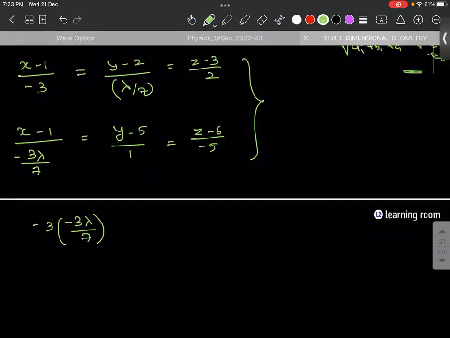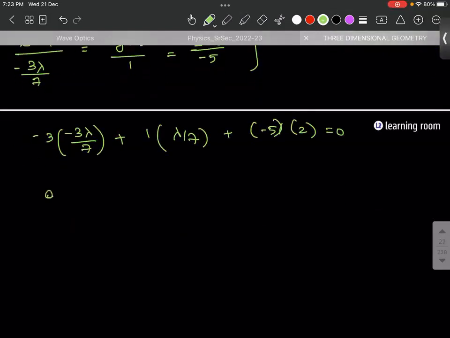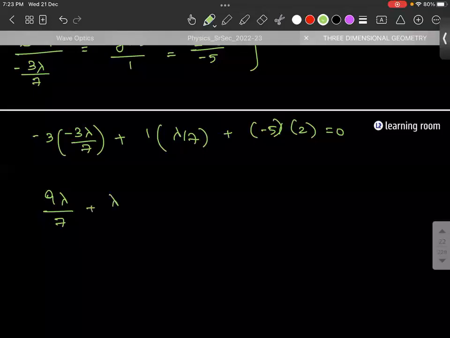So minus 3 into minus 3 lambda by 7 plus 1 into lambda by 7 plus minus 5 into 2 should be 0. So 9 lambda by 7 plus lambda by 7 minus 10 is 0.